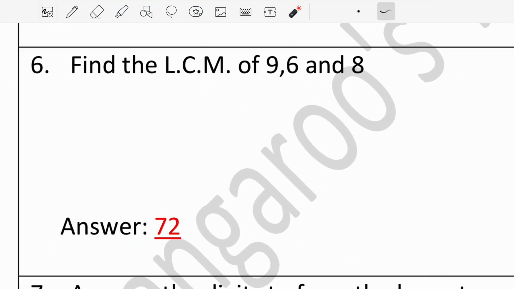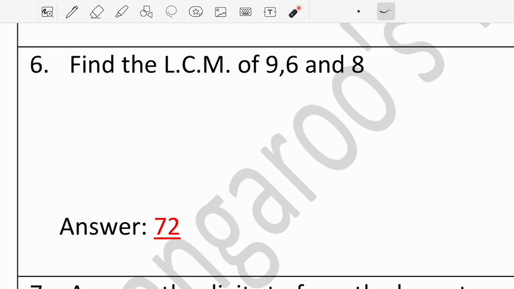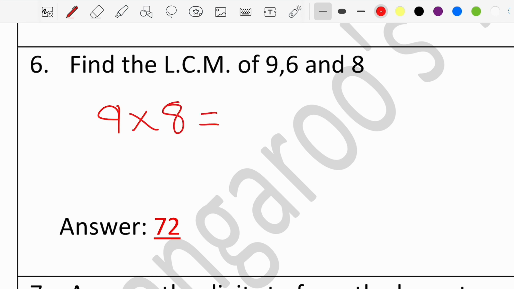Next, find the LCM of 9, 6, and 8. So we can do factorization, or we can use our tables and figure it out. So what I know is 9 times 8 is equal to 72.